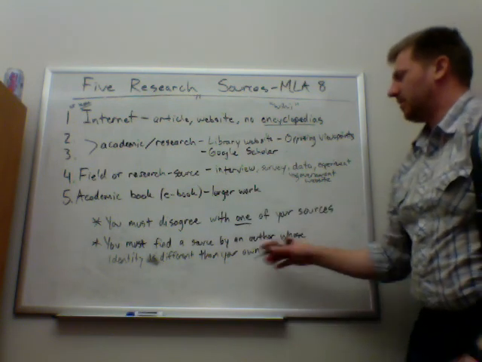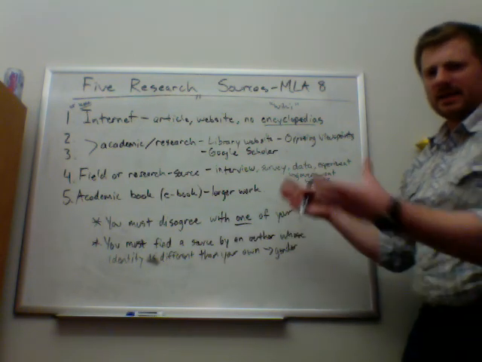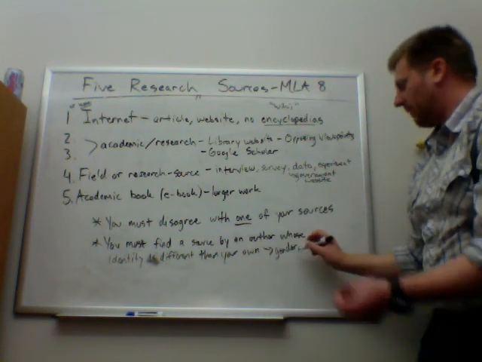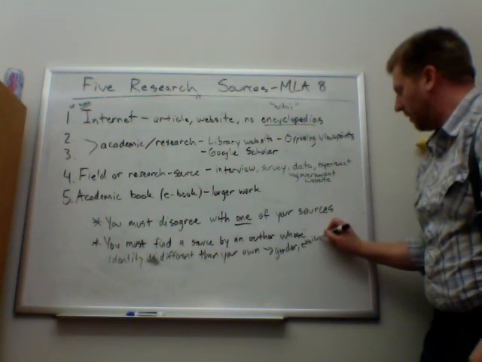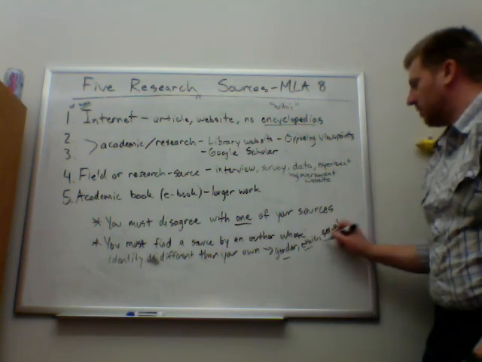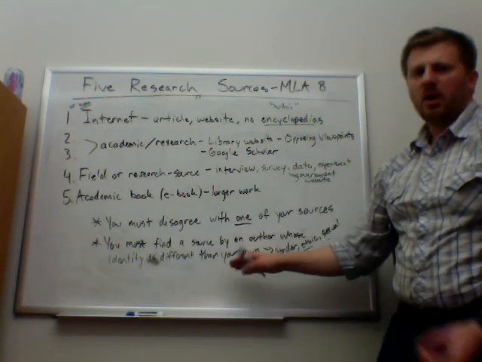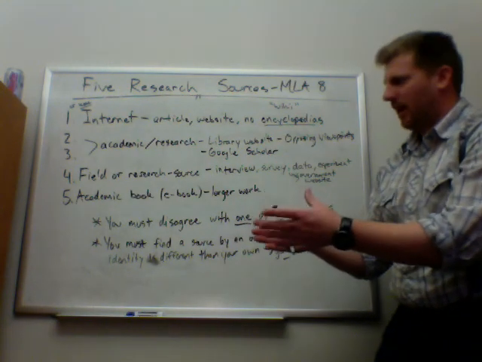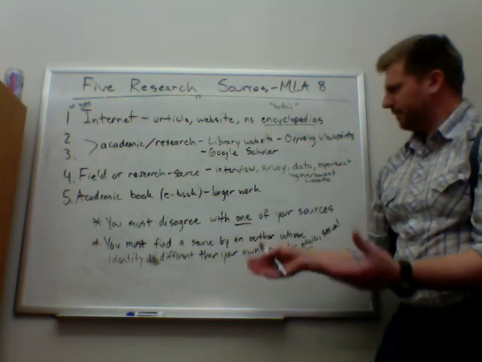And this is just one, right? This is just trying to prevent us from all having the same kind of person giving us our information. So they can have a different gender identity than you, a different ethnic identity than you, a different sexual identity than you. However it works, just try to find at least one author whose identity is different than your own, because we're too homogenous if we all have research coming from the same type of person.